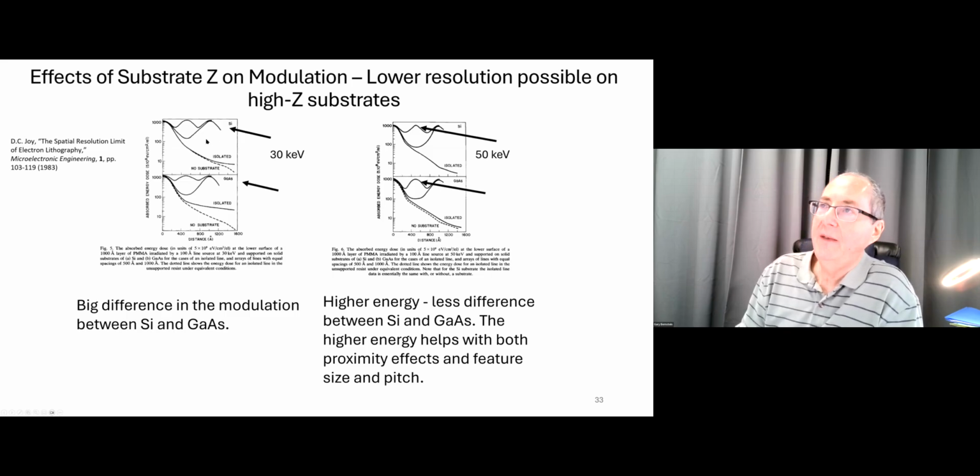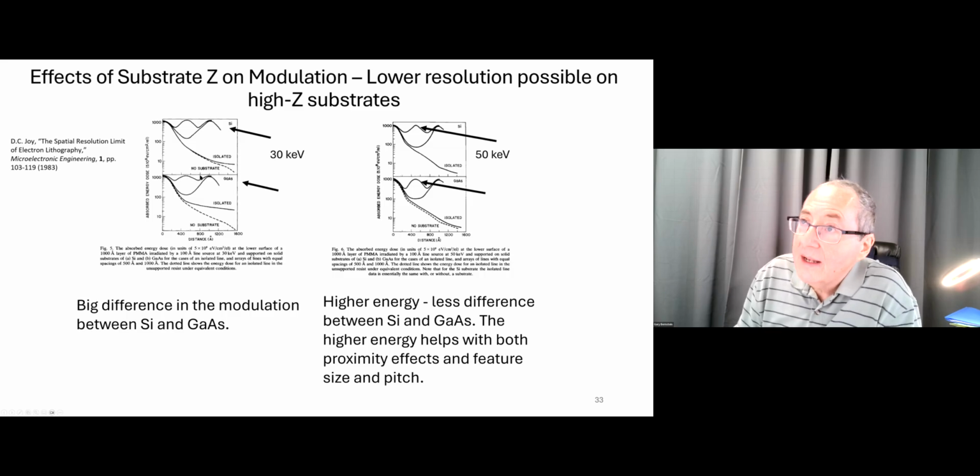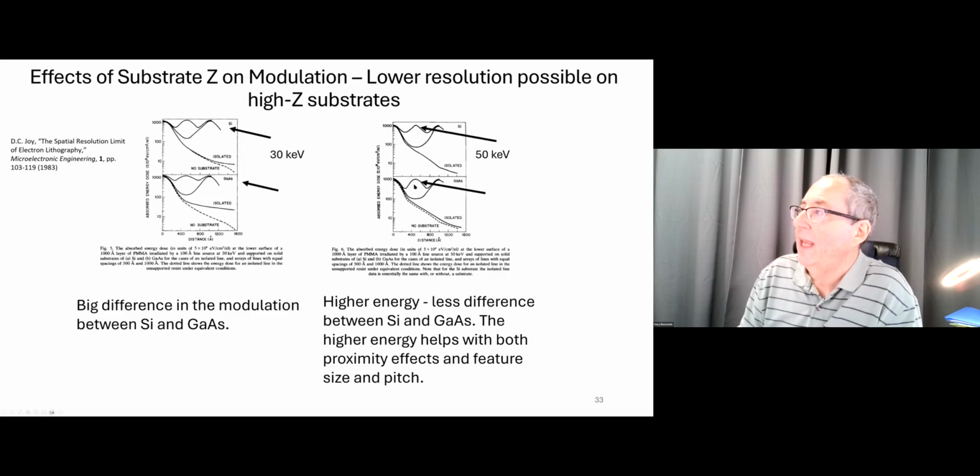This is at 30 kV, and this is at 50 kV, and it's somewhat better if you look at this. Notice that this doesn't have very much modulation from exposed to not exposed. But here at 50 kV versus 30 kV, there's more modulation between exposed and not exposed.